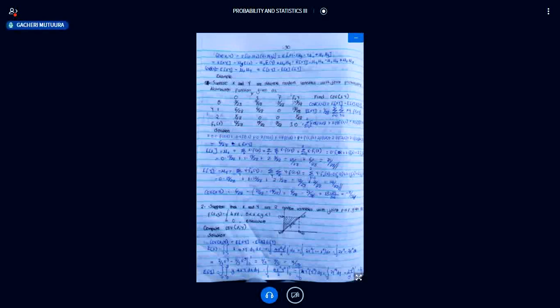There's an example showing there, suppose x and y are discrete random variables. On my end it has refused to display, just a blank screen. Suppose x and y are discrete random variables with joint PDF xy. There it is. I think it is now visible. This example here.